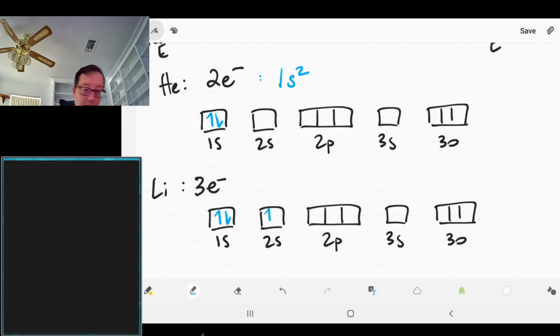So we always fill up our lower boxes first before we start moving to the next one. And so if we want to describe lithium's electrons, we would say, well, it's got 2 electrons in 1s and 1 electron in 2s.